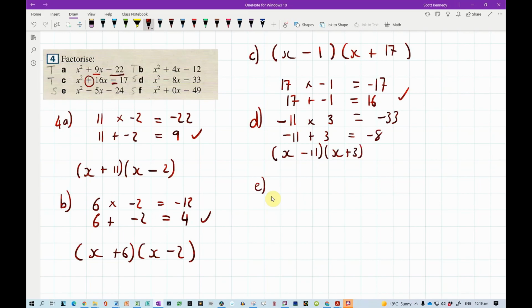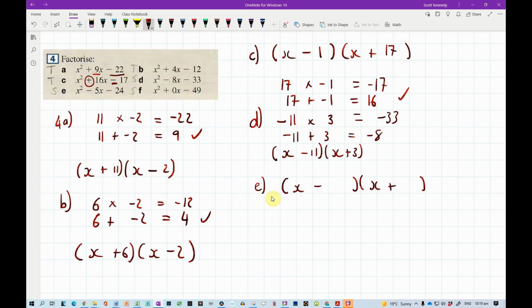E. Now this one is interesting. We've got 24, so factors of 24. We've got a negative number here and a negative number here, so we've got different signs. So one bracket is going to have a negative and one's going to have a positive. And we've got to find factors of 24 that add to minus 5.